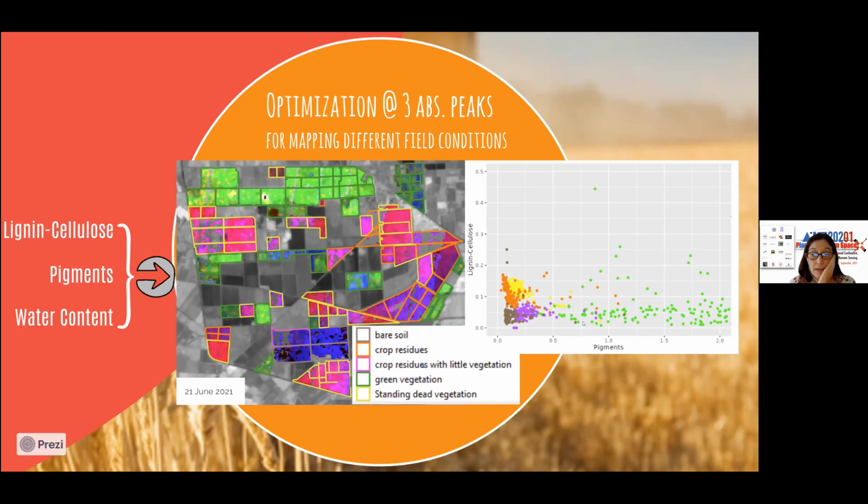And so crop residues with little vegetation are something in the middle, and this could be distinguished also on the RGB composition of the different pictures, and this is allowing us to apply a rule-based mapping to have these five different categories on the ground.